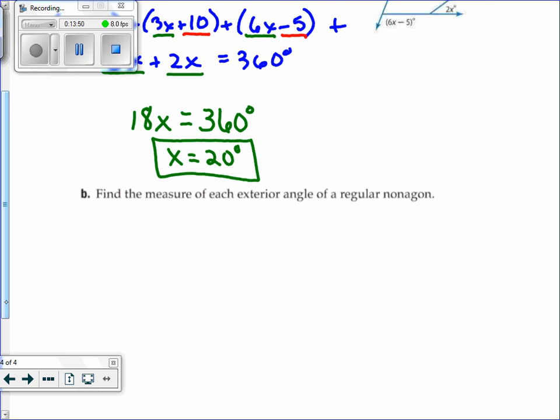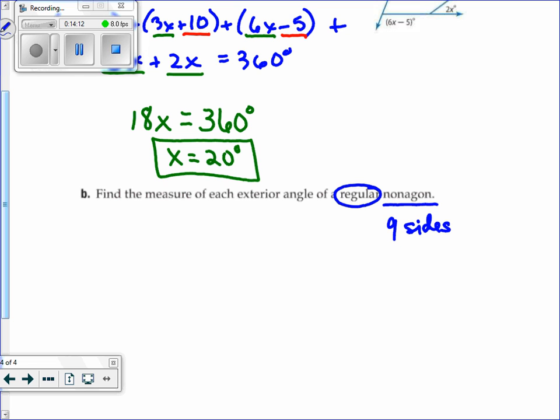Okay, last one here. It says find the measure of each exterior angle of a regular nonagon. Regular meaning that all of the angles are the same. That means all of the exterior angles are the same as well. And we have a nonagon, which has 9 sides. Well, we know that they're all the same and there are 9 of them.